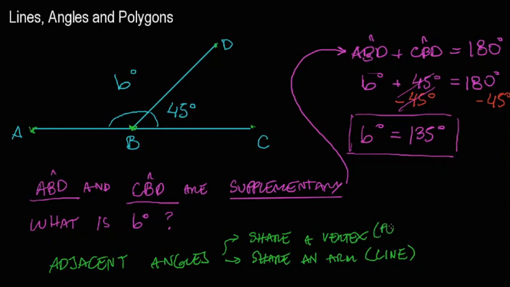Vertex is a point, and arm here means a line. So for example, angle ABD and angle CBD, they are adjacent. Why? Well, because they share a vertex, in this case B, and they share an arm, in this case BD. So since they share both a point and a line, they are what we call adjacent angles.